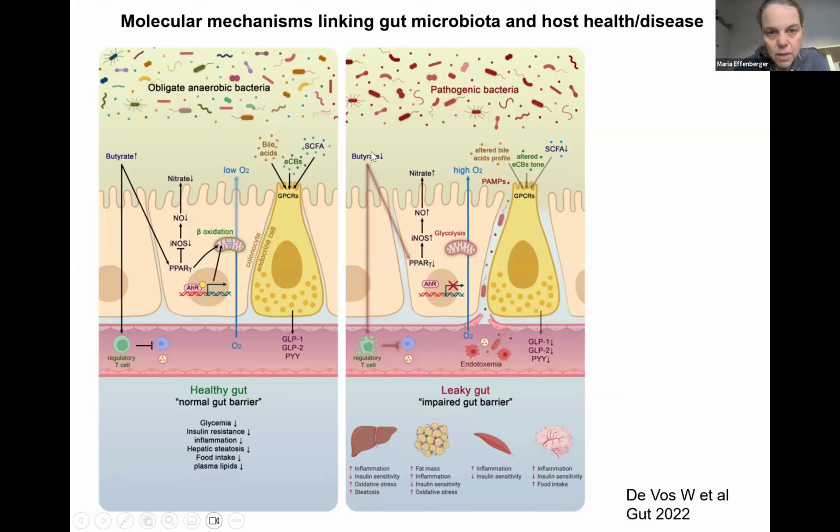You see butyrate going down, nitrate going up, SCFAs going down. And if it is like that, then you get what we call leaky gut or impaired gut barrier. And if you have an impaired gut barrier, pathogenic bacteria will go into the host and therefore activate inflammatory pathways.